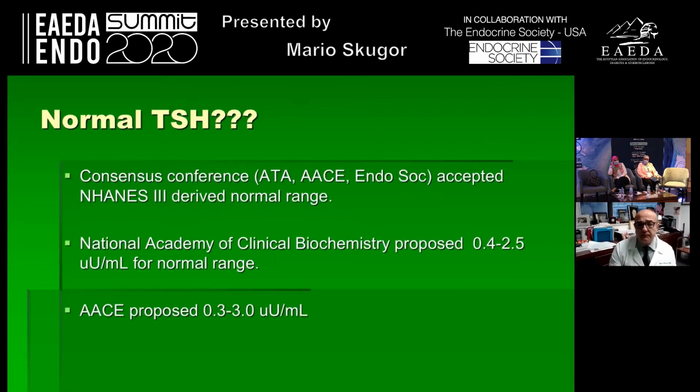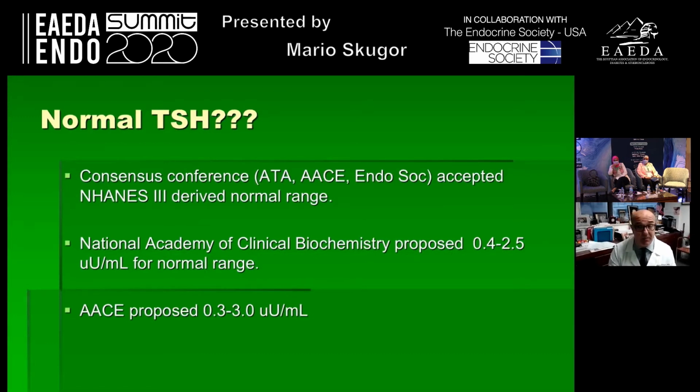Now, consensus conferences done by the American Thyroid Association, the American Association of Clinical Endocrinologists, and the Endocrine Society accepted those NHANES 3 derived normal ranges. But the National Academy of Clinical Biochemistry proposed that the normal reference range would be from 0.4 to 2.5 microunits per milliliter.